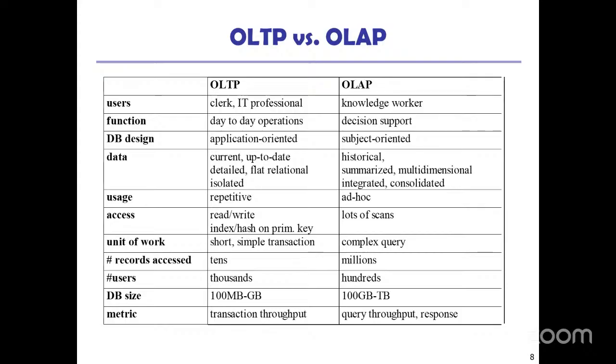Database size of OLTP is 100 MB to gigabytes, and online analytical processing is 100 GB to terabytes of data. Just see the difference. These two are very important when it comes to data warehouses.